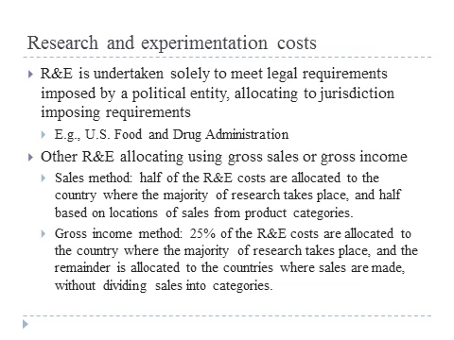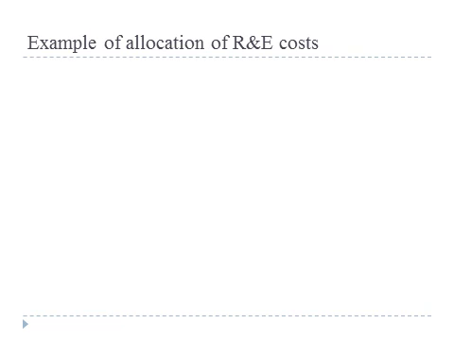Under the gross income method, 25% of the research and experimentation costs are allocated to the country where the majority of research takes place, and 75% is allocated between U.S. and foreign sources in proportion to statutory and residual groupings of gross income without dividing amounts into product categories.